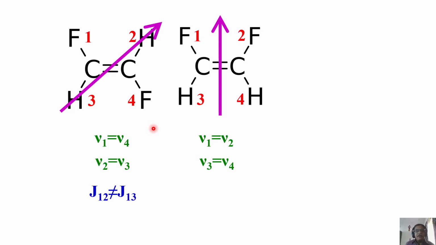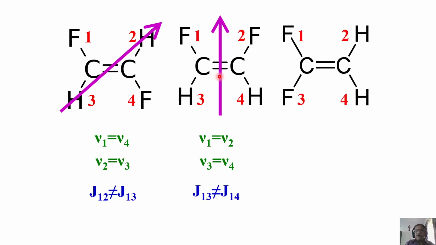Similarly, proton 3 is chemically equivalent with proton 4. So fluorine NMR gives you only one peak for these two fluorines. Similarly, proton NMR will give you only one peak for these two protons because of chemical equivalence. What about this molecule? Again, I have shifted the position of the fluorine.